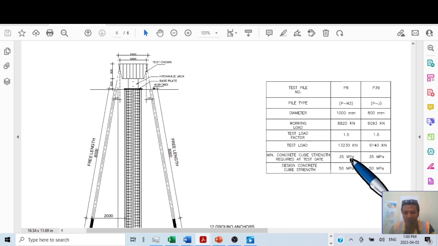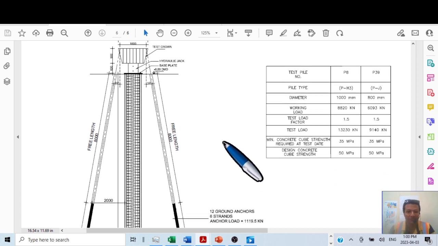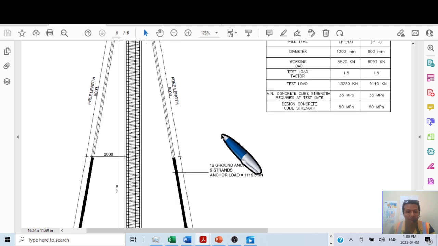Without achieving 35 megapascal, you will not start this procedure. The design concrete cube strength at the end will be 50 megapascal.